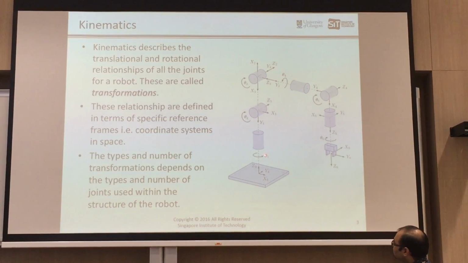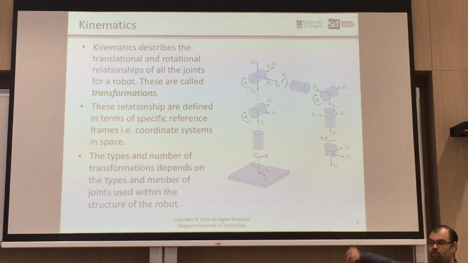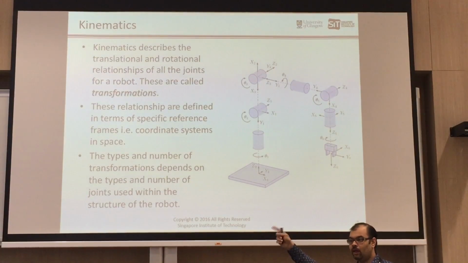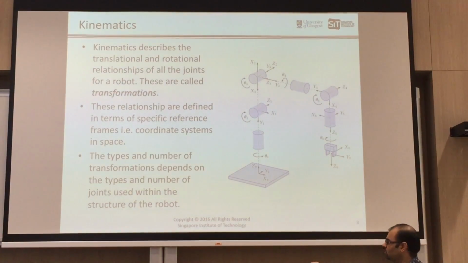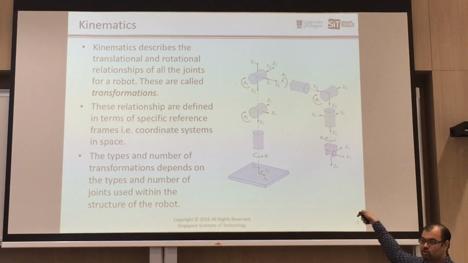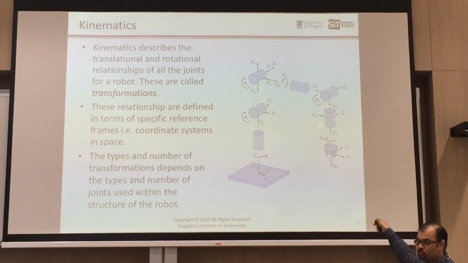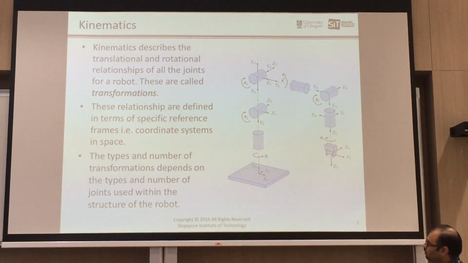So between each of these frames that you have assigned at each joint, you will have a transformation matrix from one joint here to the other joint. Right? And the good thing about this transformation matrix is, after you have identified the matrices between the joints, you can multiply them together.